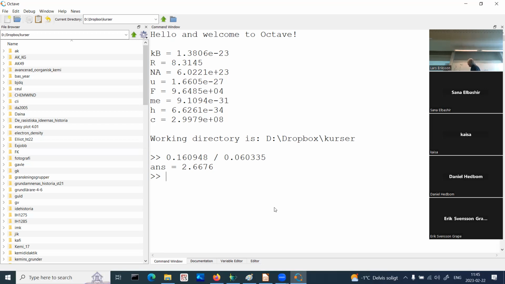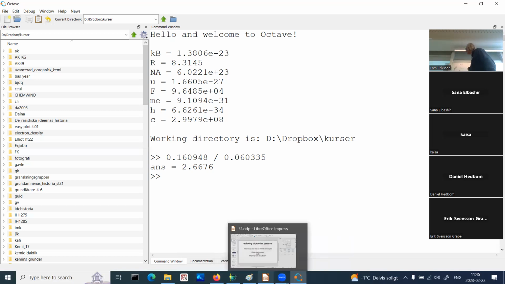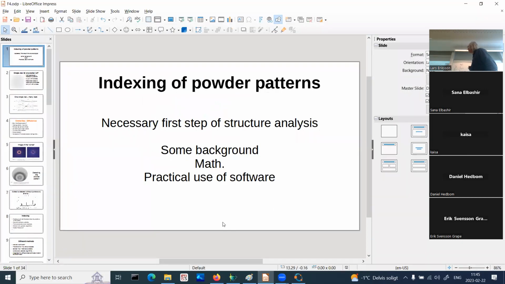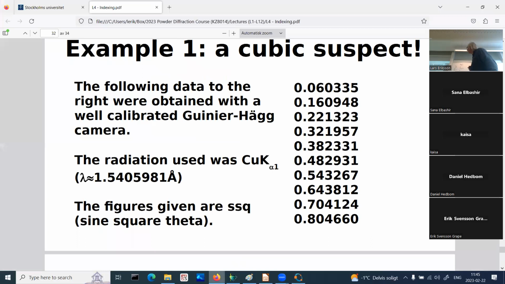Yes. But I would say that 0.06, 0.16 is the 111 reflection, and the 220 reflection. 0.2213.